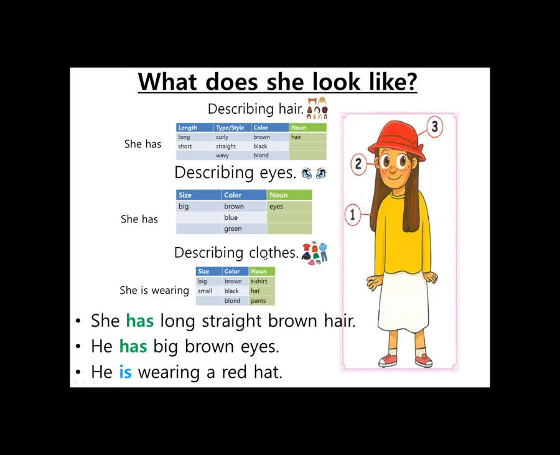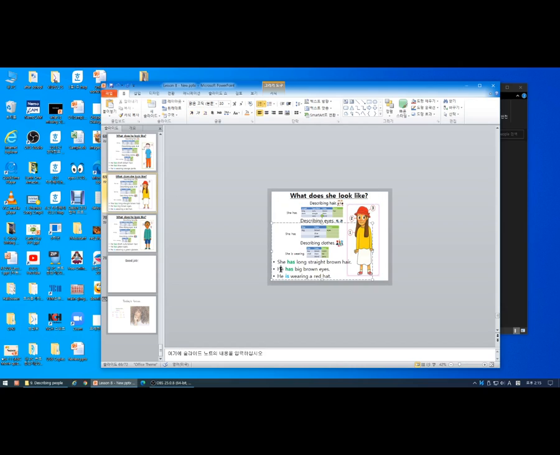Okay, and last one, describing clothes. He is wearing a red hat. Okay, this is a she, so we've got to fix that. She is wearing a red hat. Okay, so let's fix these two sentences. So that's she and she.